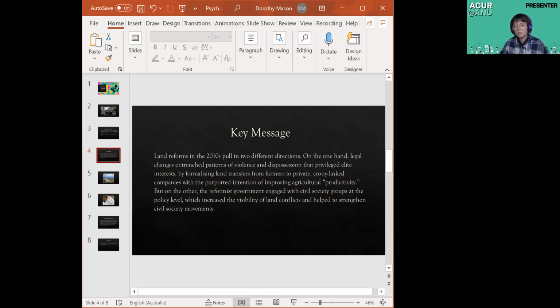But on the other hand, you also have what appears to be quite genuine engagements with civil society groups at this time at the policy level, which ultimately increase the visibility of land conflicts and help to strengthen civil society movements. So I'll go through each of these in turn.